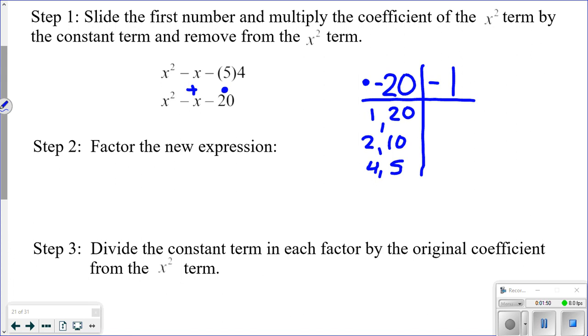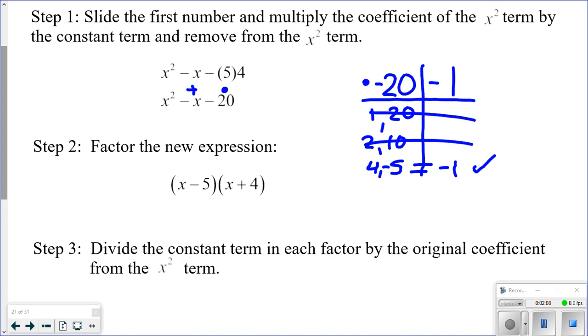So I know that one has to be positive and one has to be negative. So if I make it a positive 4 and a negative 5, when we add those, we get negative 1. So x minus 5 and x plus 4.